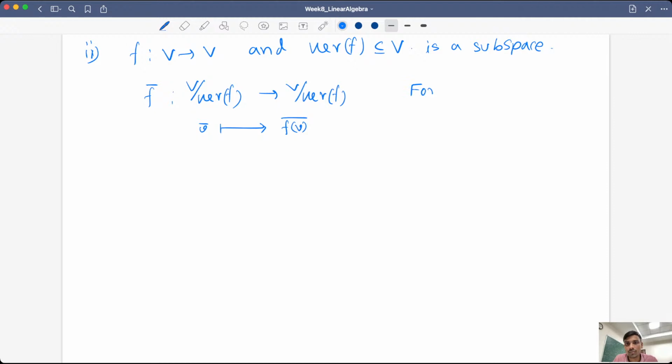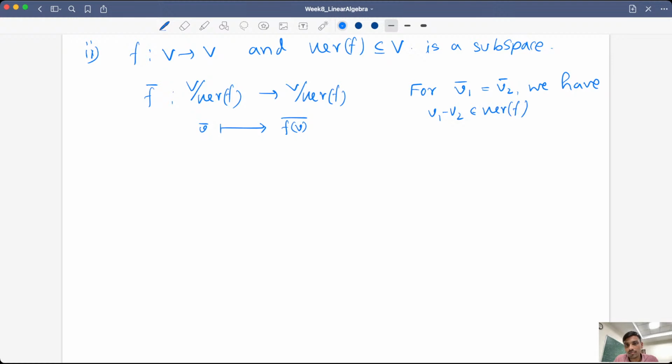So that is easy to see, because for v1 bar equal to v2 bar, that means this v1 minus v2 belongs to kernel of f.